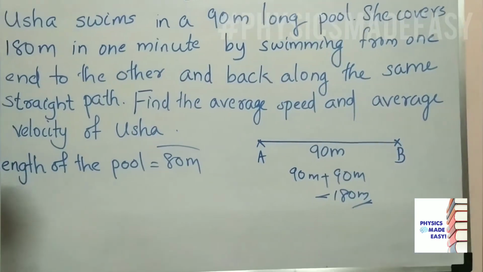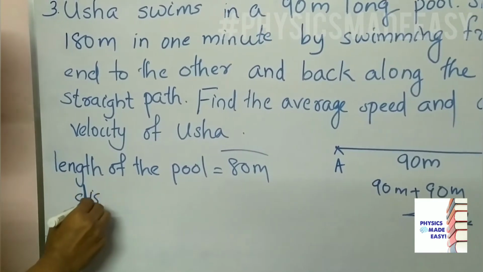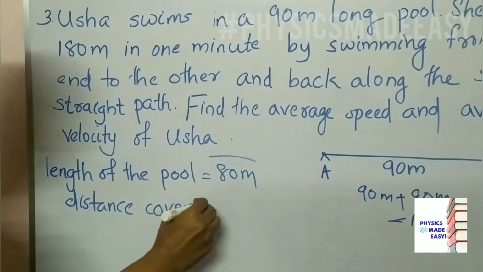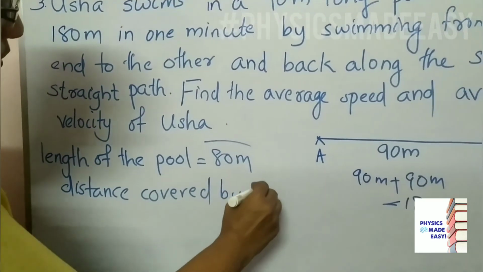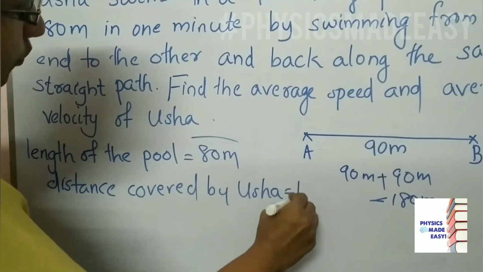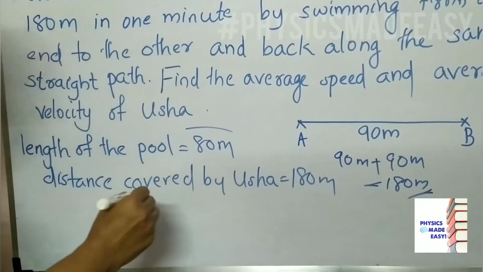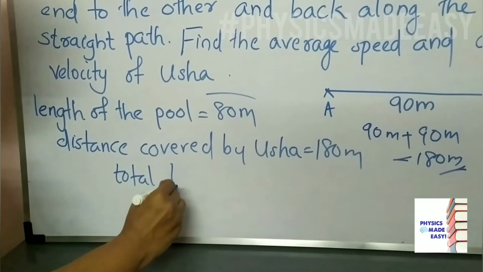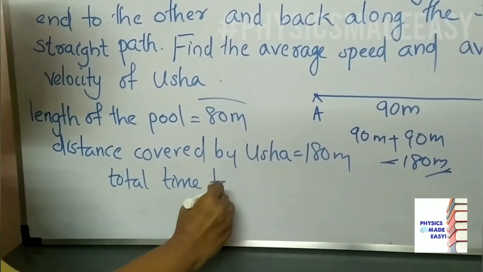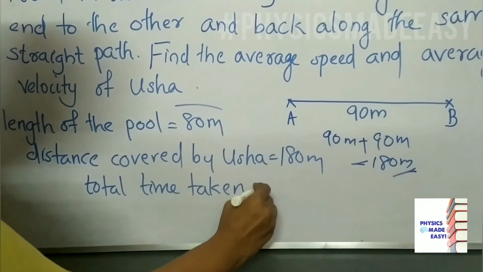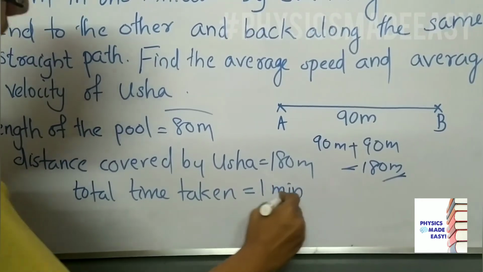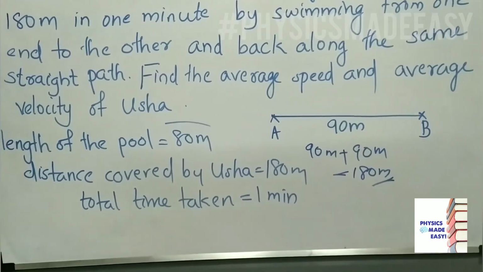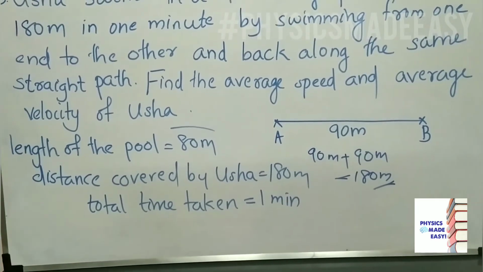So you have to write the total distance traveled, the distance covered by Usha, which is equal to 180 meters. What is the total time taken? Total time taken is 1 minute. But here you have to convert that minute into seconds, because our SI unit of speed is meter per second.